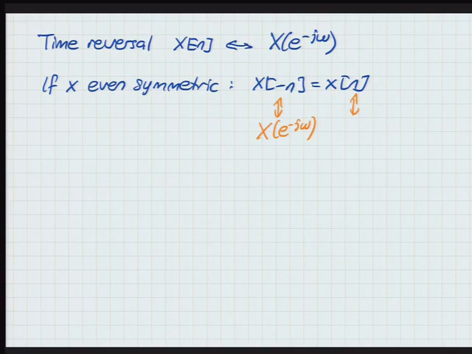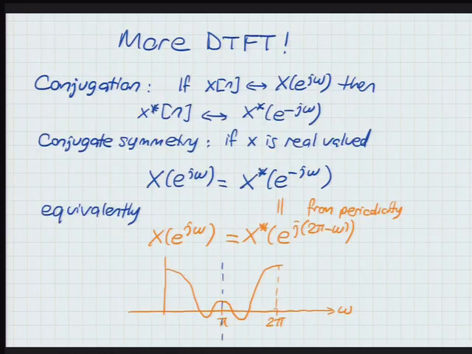This goes with X(e^{jω}), and they must be the same. And in addition, from the properties that we discussed, we know that X(e^{-jω}) is equal to X*(e^{jω}). That is what we showed here.